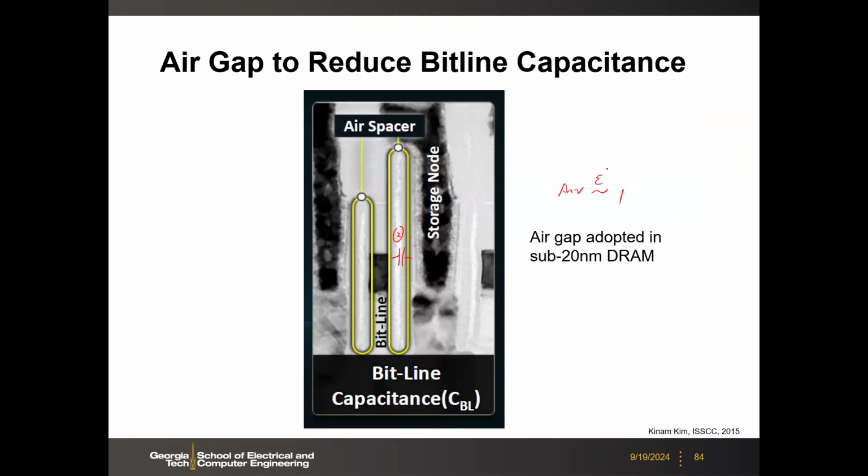Actually, that's an ultimate solution. That's the lowest capacitance you can get by introducing the air gap. So this was adopted in around 20 nanometer technology node. The air gap is used to reduce those capacitances.